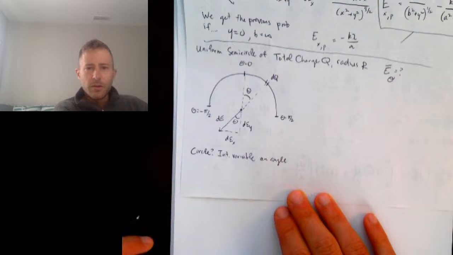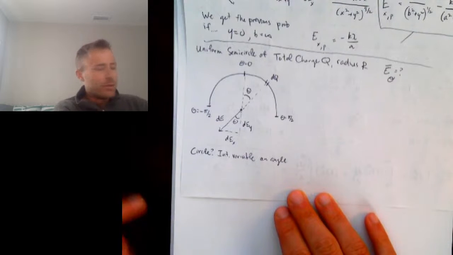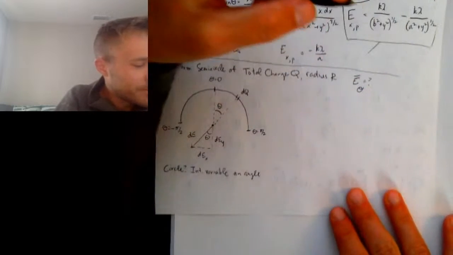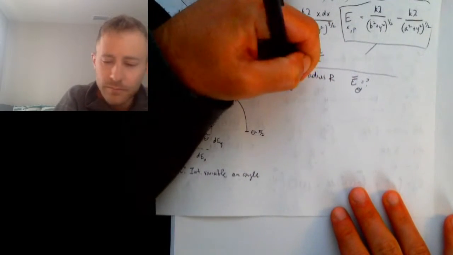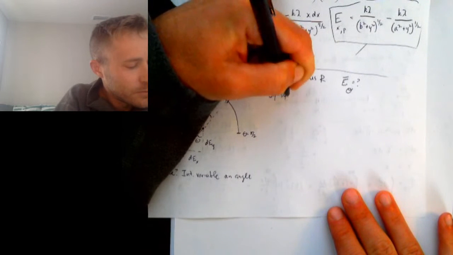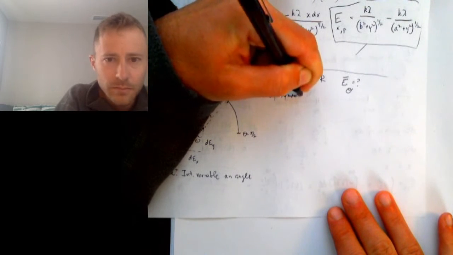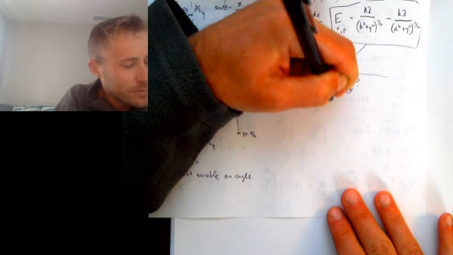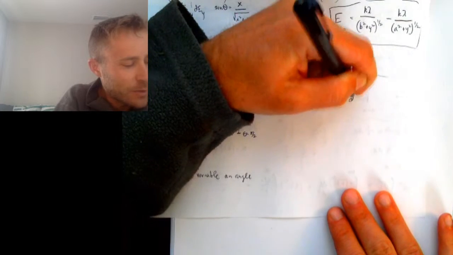All right. So notice, now here's the thing. By symmetry, E points down.